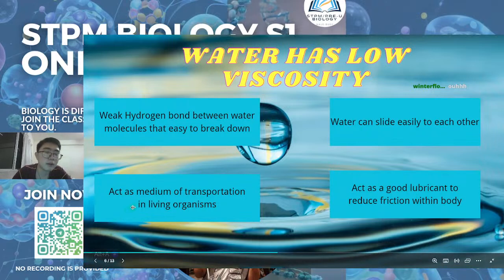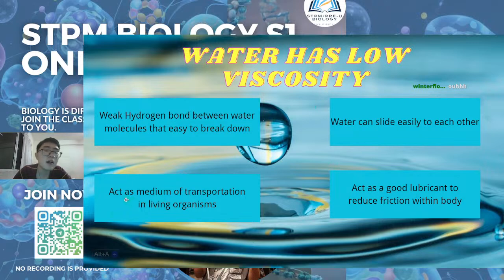And another important point is why low viscosity is important: it can act as the medium of transportation in living organisms. As in humans, when we learn about transport, our blood is about 70% plasma, right? And about 90% of plasma is water. Why do we need water?